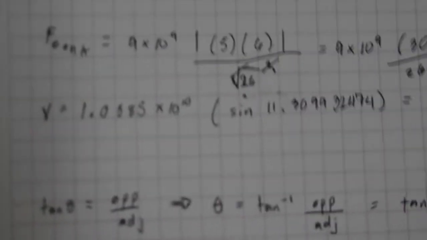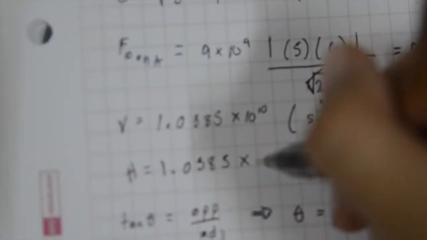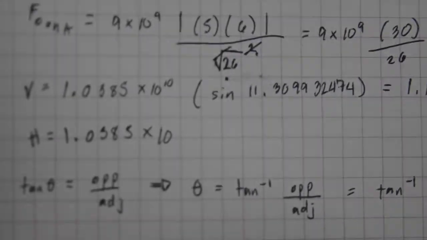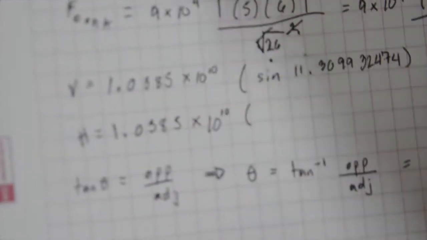Then the horizontal component will be 1 times 0.385. Remember, this is the diagonal value of force C on A. So that's times 10. This is horizontal, so this will be adjacent. So we'll use cosine.